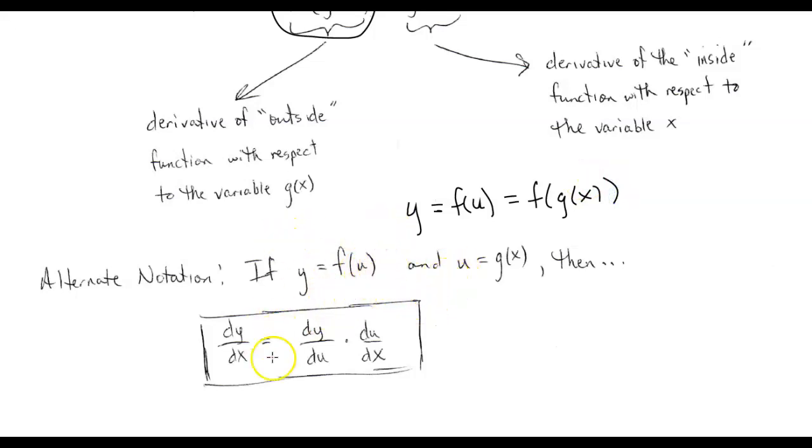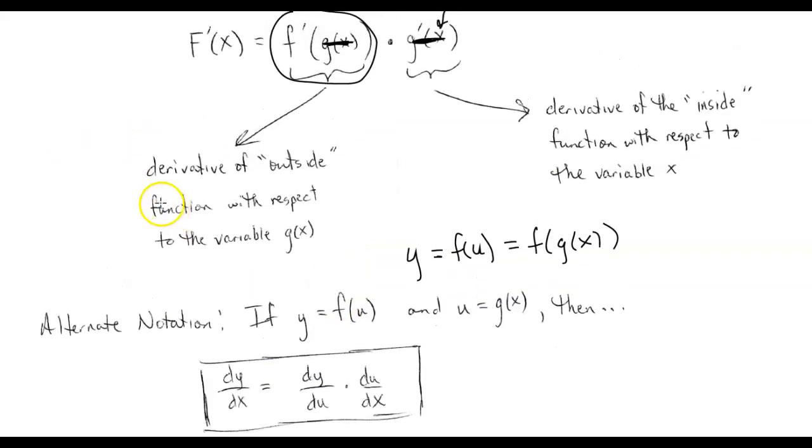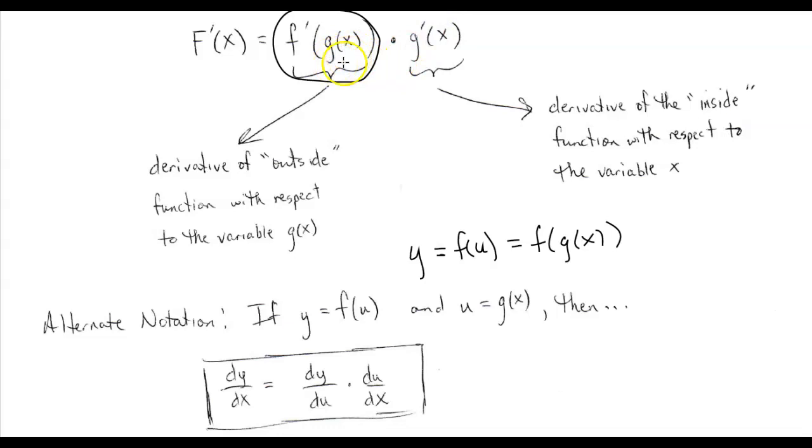So remember when we said the derivative of the composition function is going to be the derivative of the outside function with respect to the inside function. The derivative of the outside function, which is y, with respect to the inside function, which is u, times the derivative of the inside function u with respect to x.